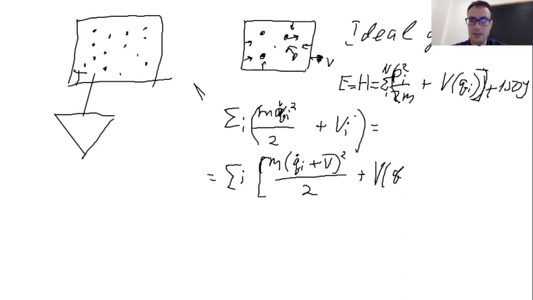I added to all particles some constant velocity. Here the potential depends on the distance, let's assume from the wall. But if the wall moves with the same speed as all these particles, then it does not matter, so the dynamics will be exactly the same.